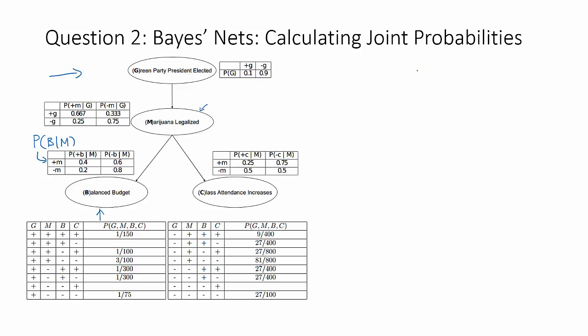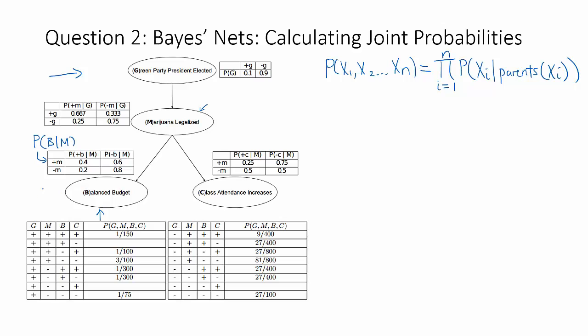That is, in general, the joint probability of a Bayes net with random variables x1, x2, all the way to xn, is a product from i equals 1 to n of the probability of xi given the parents of xi. And if xi doesn't have any parents, then this part of the conditioning bar is just empty.